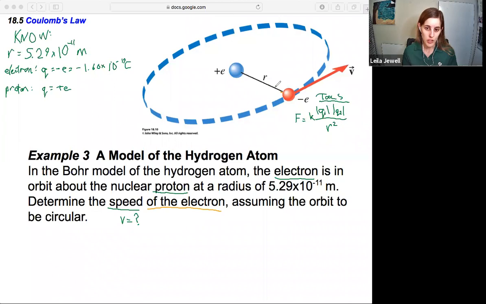It's going to be drawn to the proton, right? So it feels this inward force right along that inner radius. That then gives us the direction of said force. We don't have a specific direction other than inward, but just drawing this into the picture is helpful to us, especially as we try to think about how we can go from having a force to having a speed.